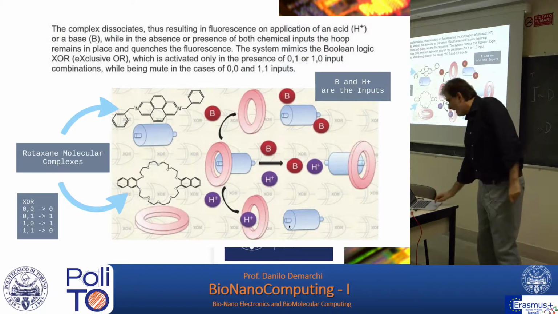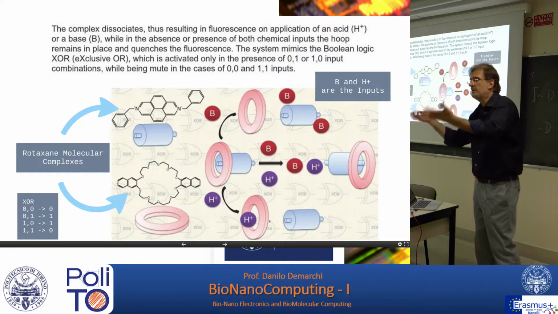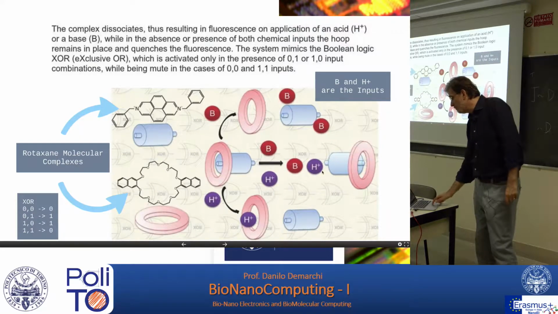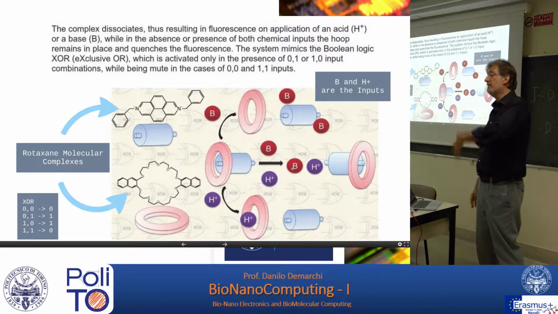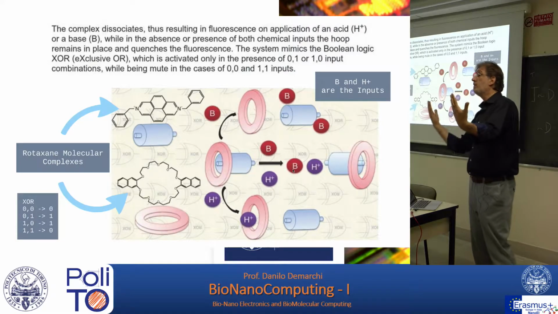Good. I have fluorescence if I have B. I have fluorescence if I have H+, so I have acid. I do not have fluorescence if I have no input, 0, or both inputs.